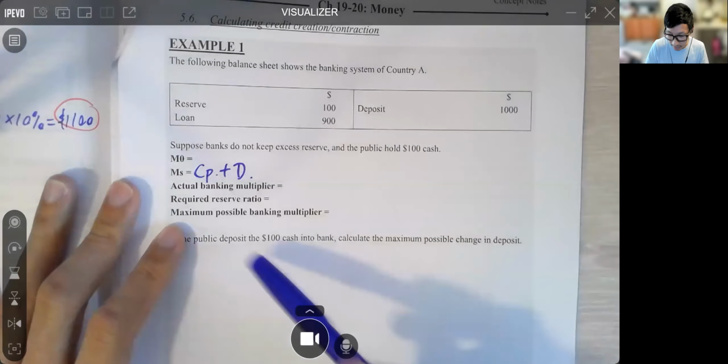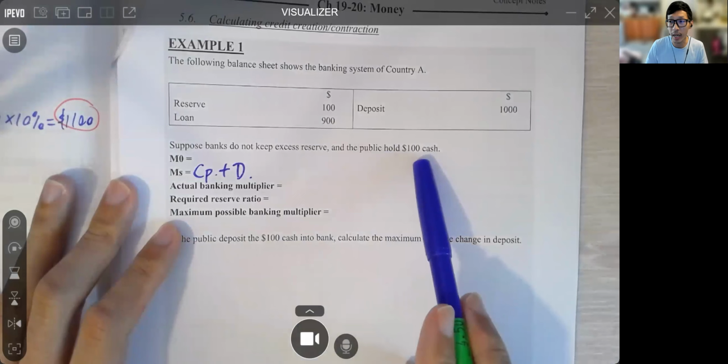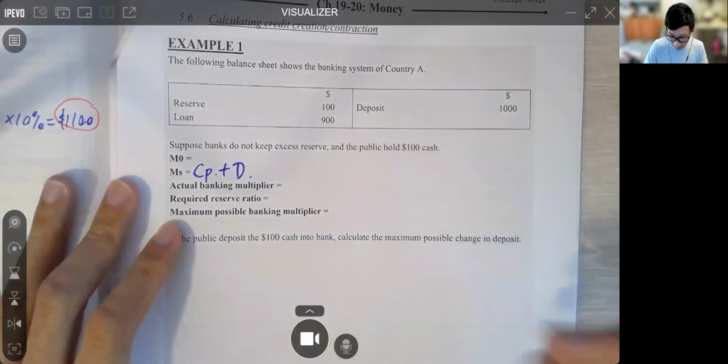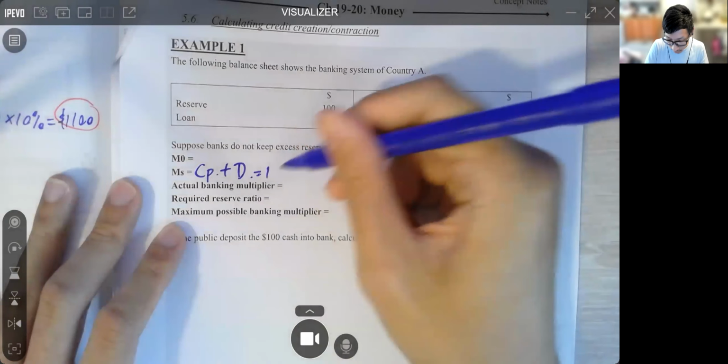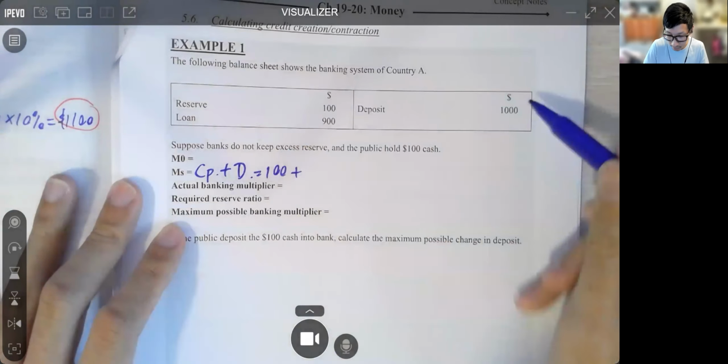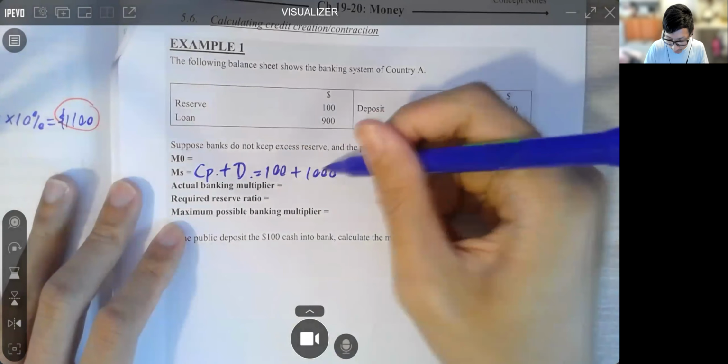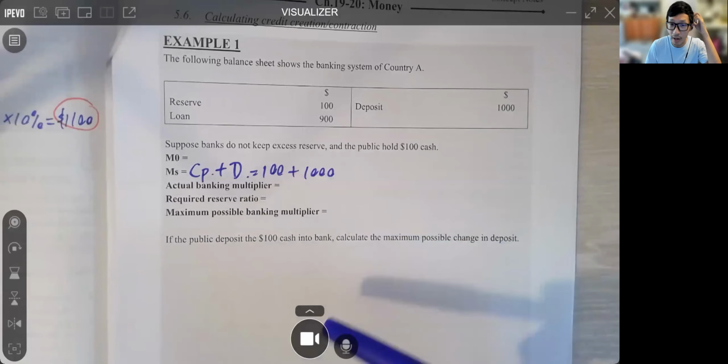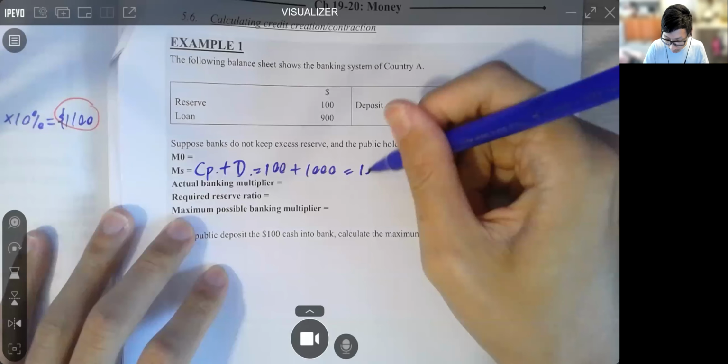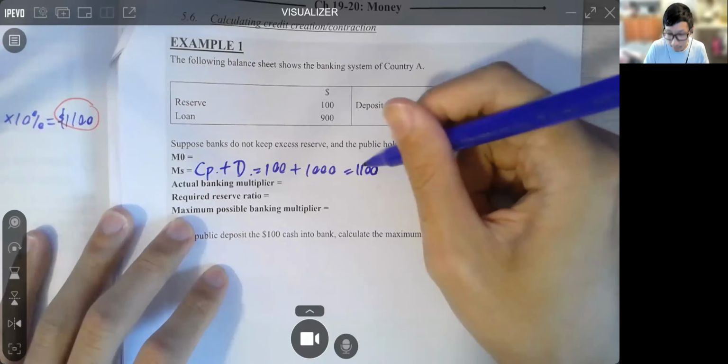So in our case, public is holding 100 cash. 100 plus deposit. This is the original money supply.